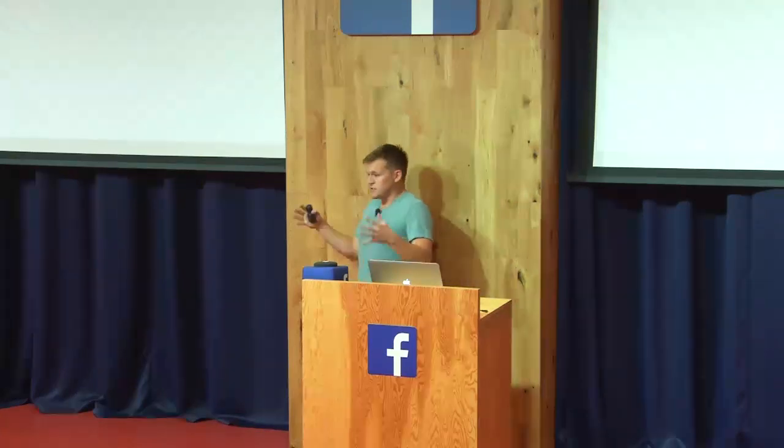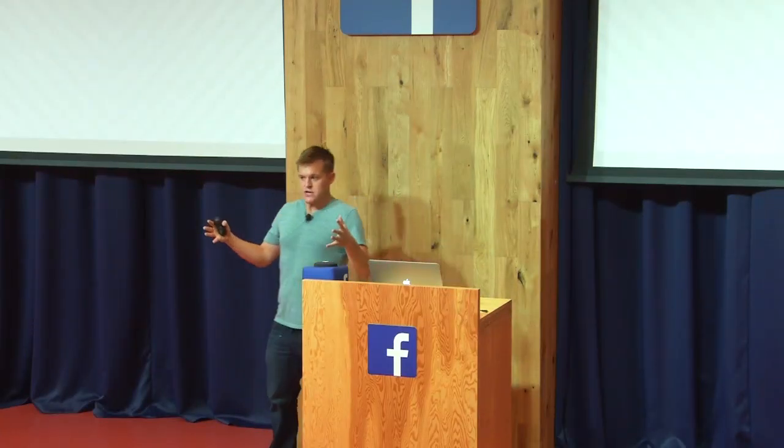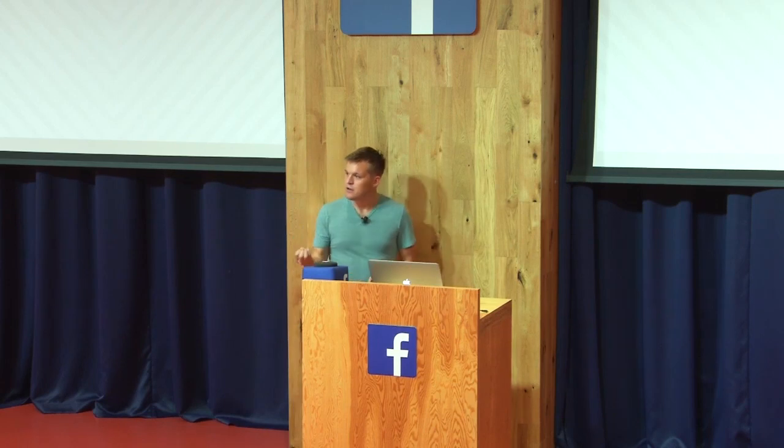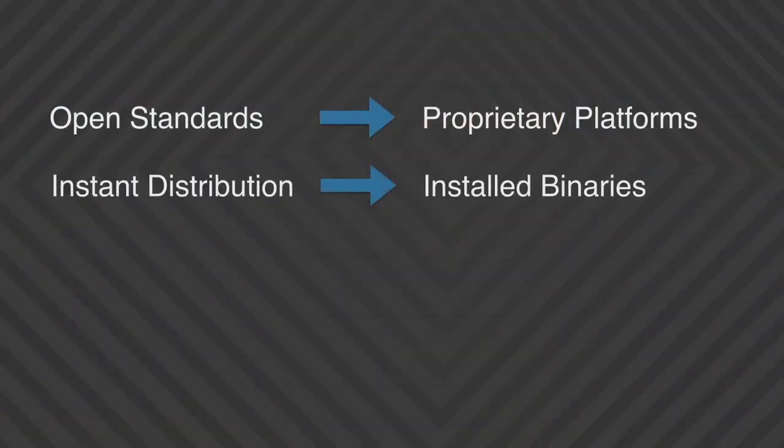So how is it terrible, right? Well, one, you're going from open standards that no one controls except for standards committees to two dominant proprietary platforms of which you are a complete captive. They can do whatever they want.